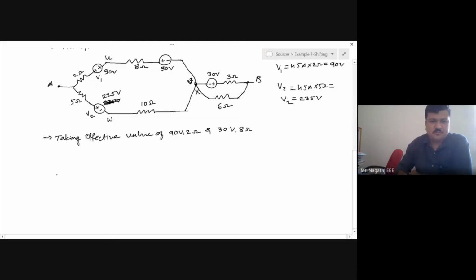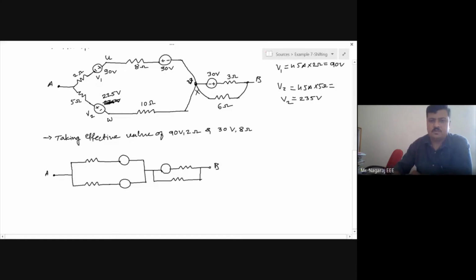So what I get here is terminal A. This is as it is 30 volts, and here it is 2 ohm plus 8 ohm, 10 ohms, and 5 ohm plus 10 ohms, it is 15 ohms.